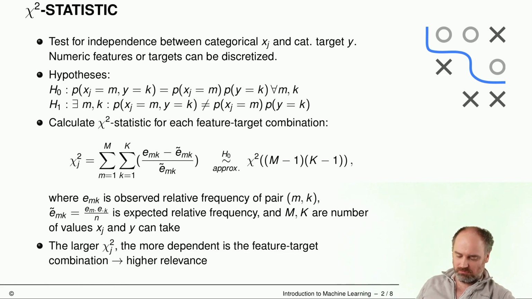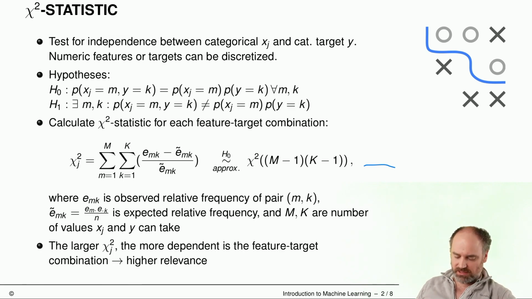I'm pretty sure I'm not going to read out the test statistic here. This is just the regular chi-squared statistic. We now use either the chi-squared statistic, or we can also convert that into the p-value for the relevance of the feature.